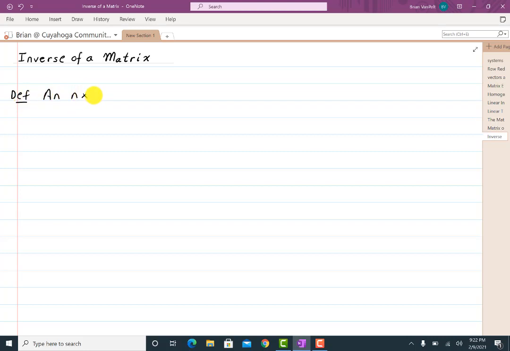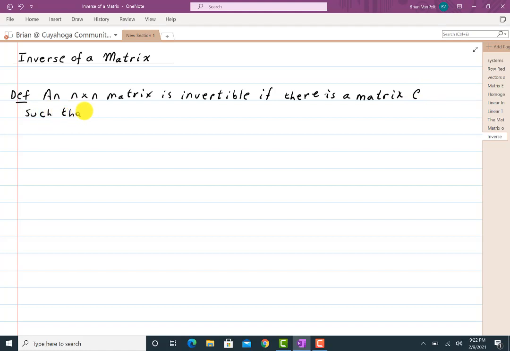An n by n matrix A is invertible if there is a matrix C such that A times C is the same as C times A, which is the identity matrix, the I_n identity matrix.